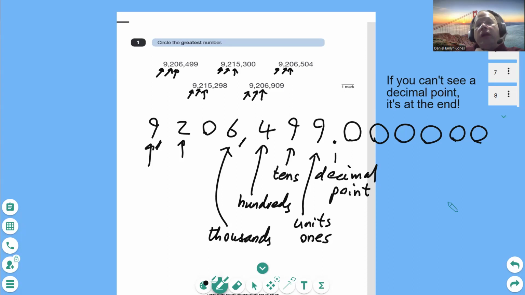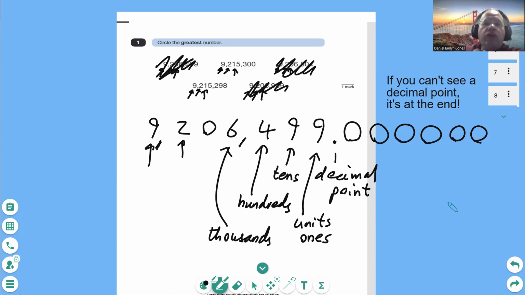So at this point, the ones that have got 0 in their 10,000s column, we can get rid of. I don't suggest you make so much mess on the page when you're answering this. You'll probably get scrap paper or something. So now it's between these two. They're all 9,200,000, and they've got 1 in the 10,000 column.